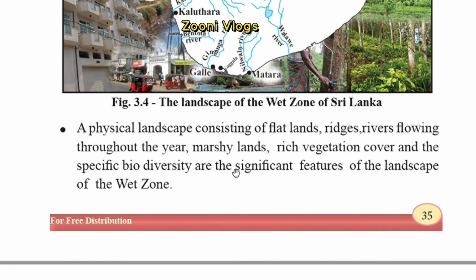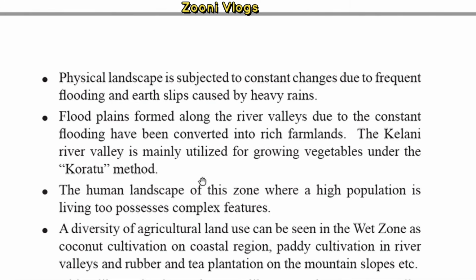We talked about the hilly region, then the dry zone and the wet zone. Not like the dry zone, we feel some coolness when we are in the wet zone. Here flat lands can be seen, ridges, rivers flowing throughout the year, marshy lands, rich vegetation cover or green environment, and the specific biodiversity are the significant features of the landscape of the wet zone.